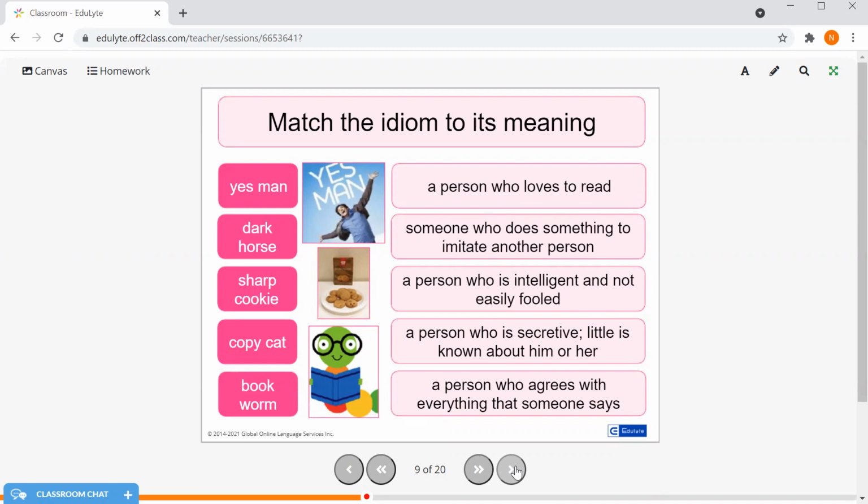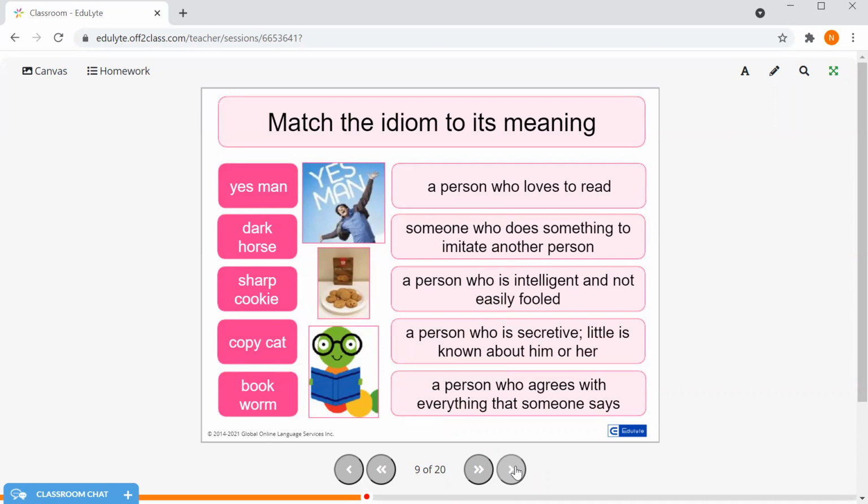The options on the right are a person who loves to read, someone who imitates another person, a person who is intelligent and not easily fooled, a person who is secretive, little is known about him or her, a person who agrees with everything that someone says.